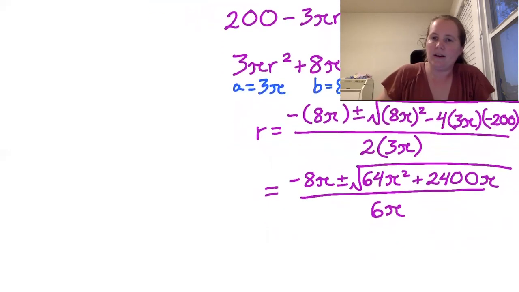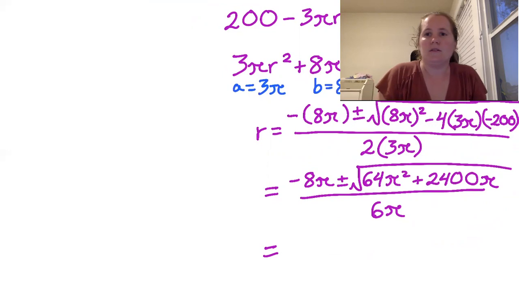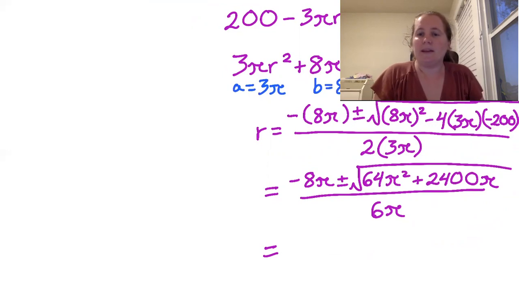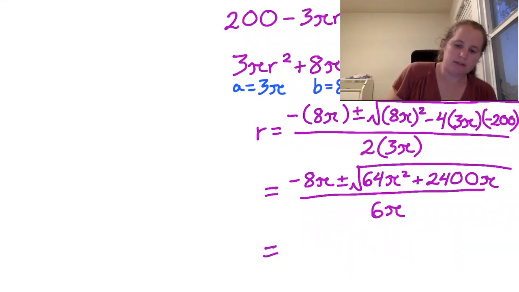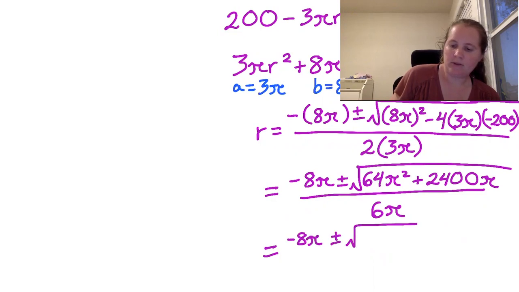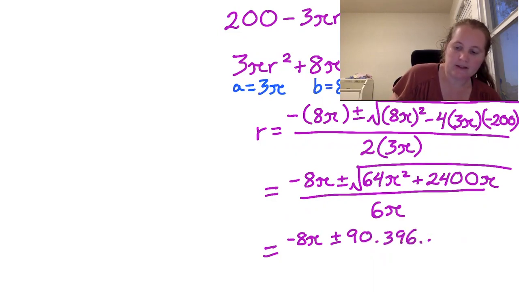And if we go ahead and plug that into a calculator, I'm going to get the number and then store it. We wind up getting negative 8 pi plus or minus 90.396 all over 6 pi.